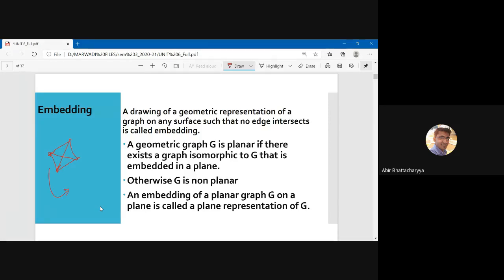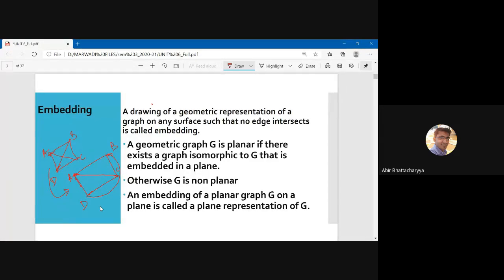Trying to embed means we will try to redraw this graph in such a manner that there will be no edge crossover. So we can place this edge, let's say A B C D, now we can place this BD edge from outside. That is another way of representation, and this is going to be an embedding.